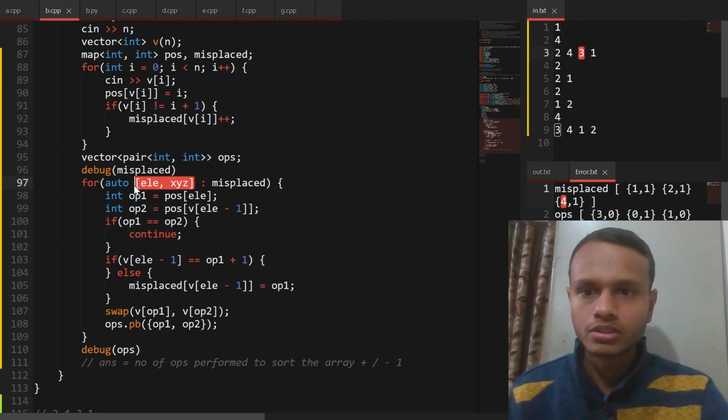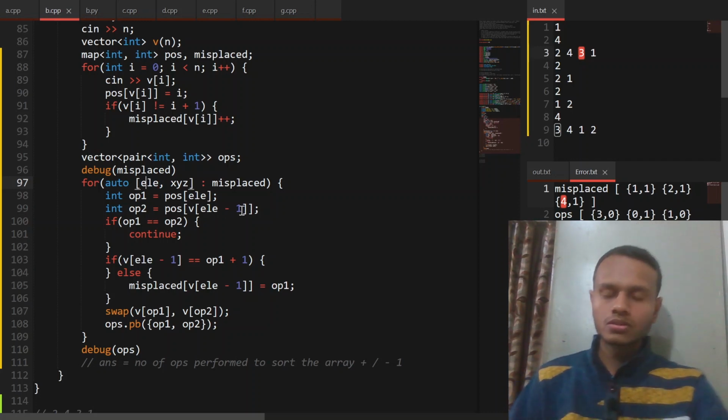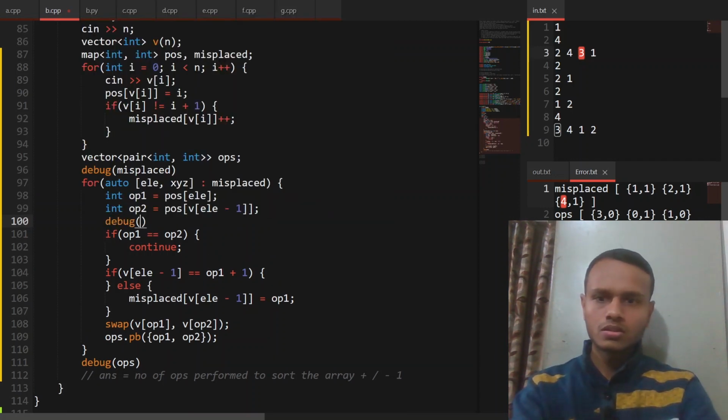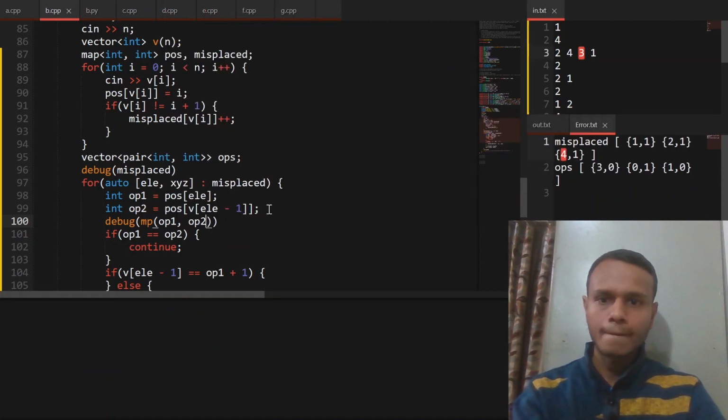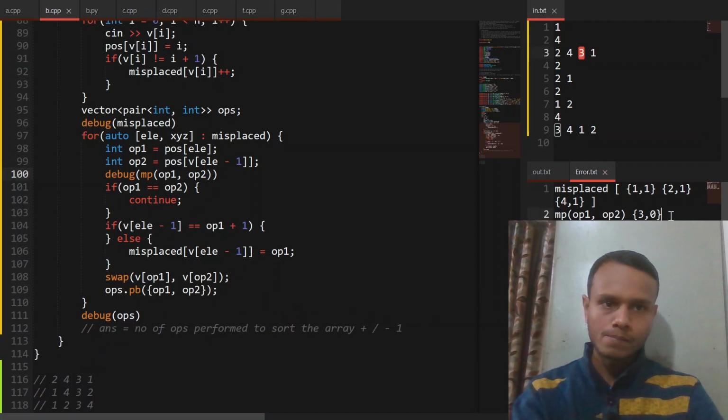So here firstly I'll check for 1, like I'll try to bring 1 to its correct position. So hold position 1 using pos of this thing. I'll get op1 and op2. Yeah, this is right, 3 0.